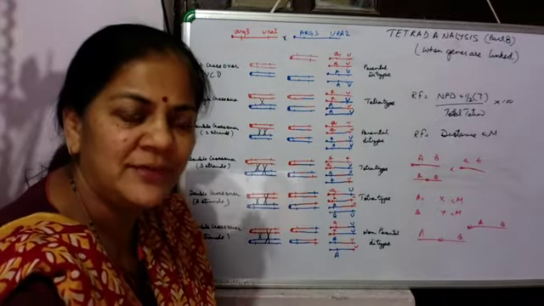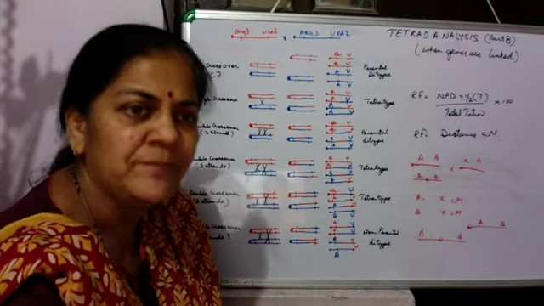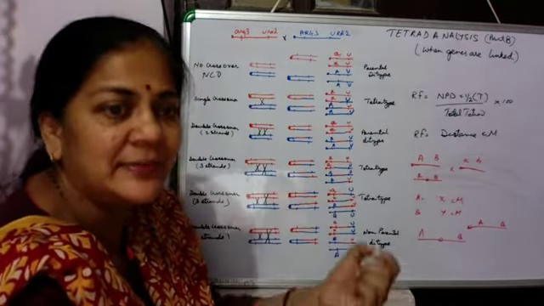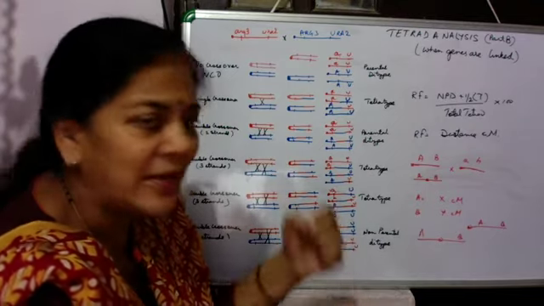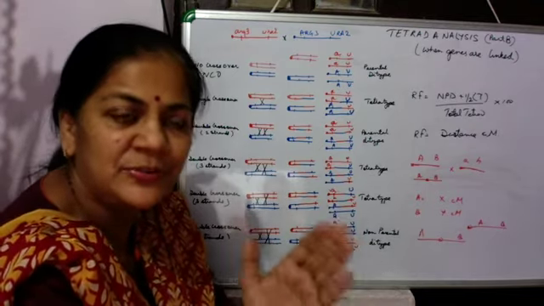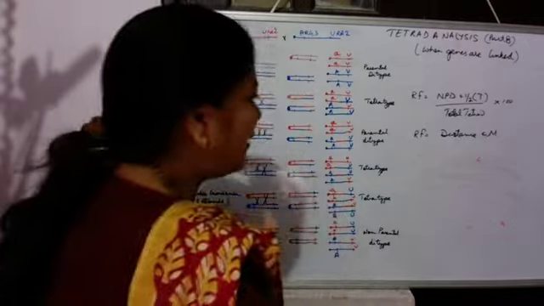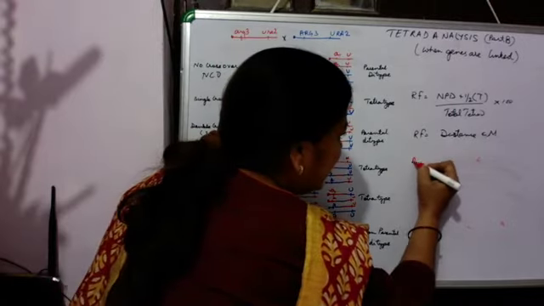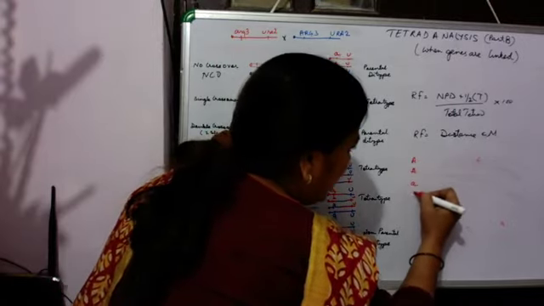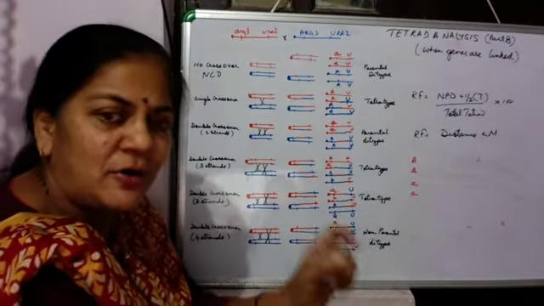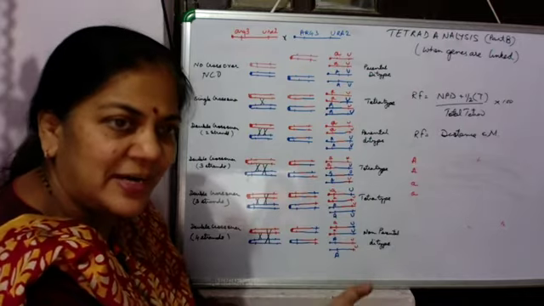So whenever you have a question, you have to first find out for each loci the distance between that loci and the centromere. For that you have to analyze the tetrads. So first you just look at one loci. Just an example, I'll tell you. Let's say the arrangement is like this, A. Now, mostly the entire octad will not be given, only the tetrad will be given to you.